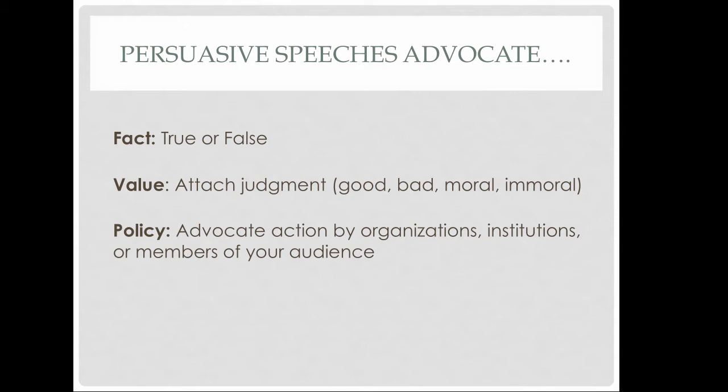We want to play to people's value judgments, good, bad, moral, immoral, and we look for questions of policy. We want specific organizations and institutions to create policy initiatives to accomplish particular goals. So, for example, we want Congress to move towards policy on immigration reform, and that would just be one example of a policy issue.